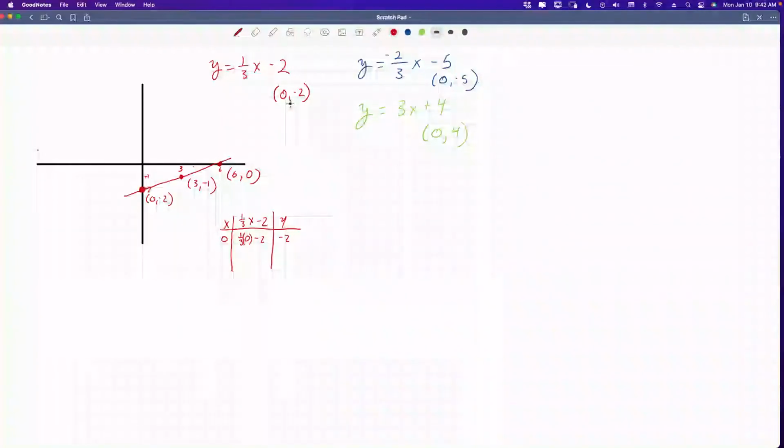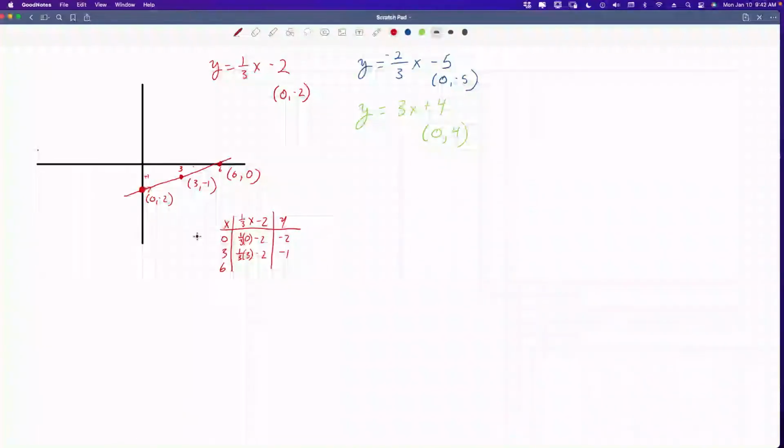Now, I always recommend when you're doing a table that you find a multiple of the denominator on your slope, because it's going to be easier to divide whenever you get there. So that's what this did naturally for us. So let's pick 3 and let's pick 6. So if I put 1/3 times 3, which is the value of x, minus 2, 3/3 is 1 minus 2 is -1.